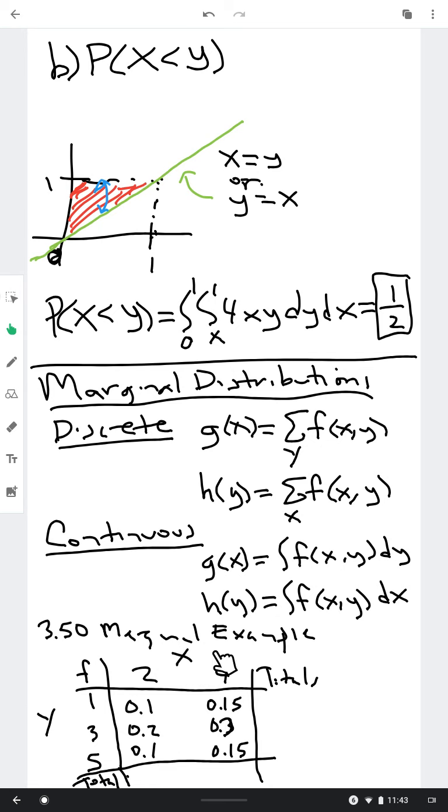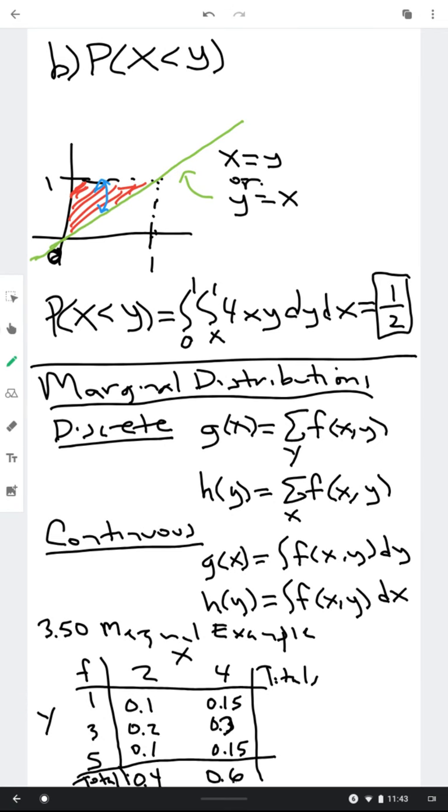I can do the same thing letting x equal 4, keeping x equal to 4 and summing my probabilities over y, and I get 0.6. Those are the marginal probabilities. So the probability x equals 2 is 0.4, and the probability x equals 4 is 0.6.